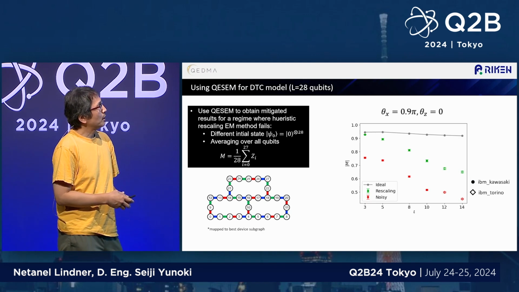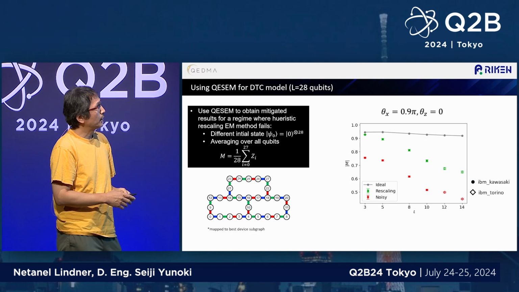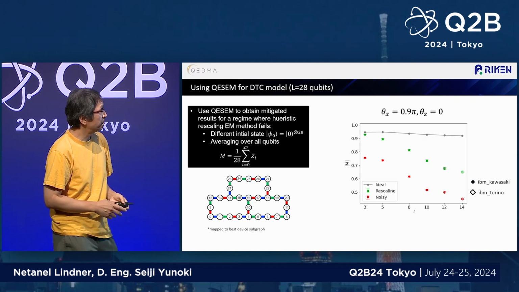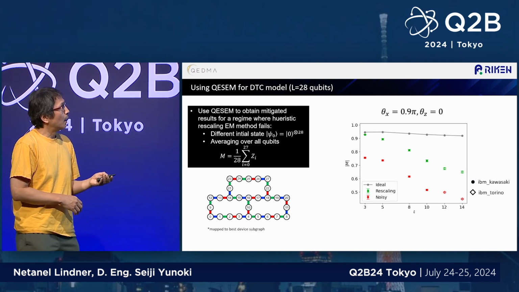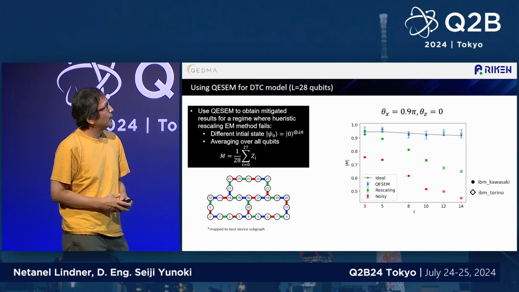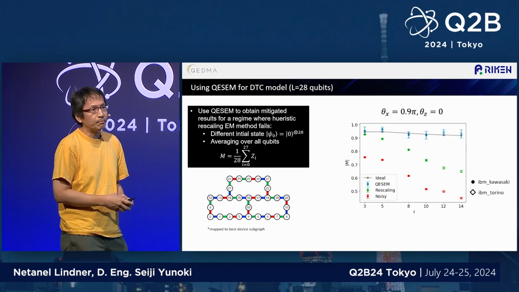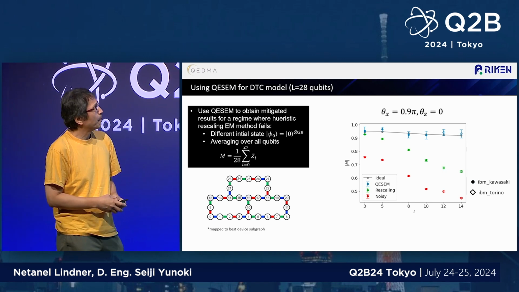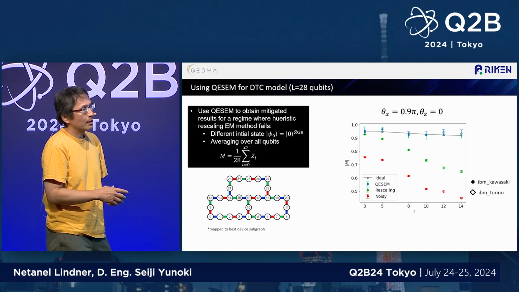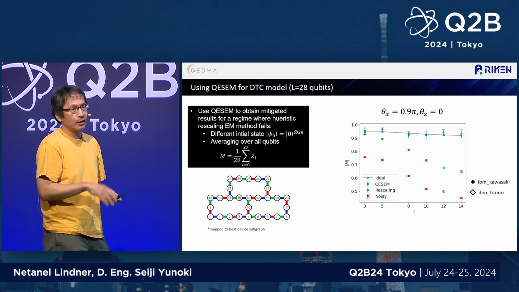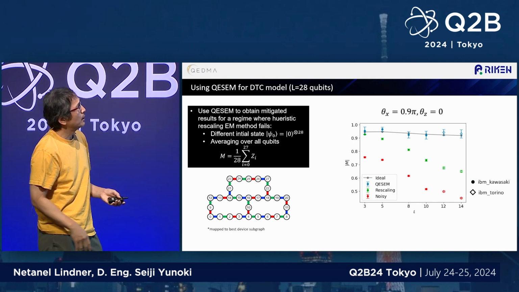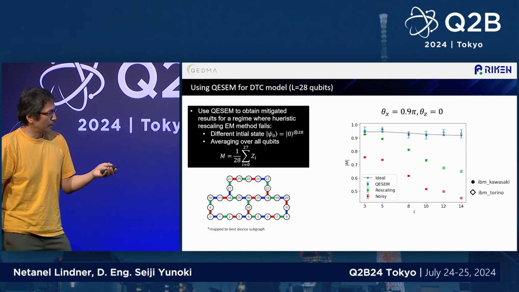Even for time step like 5, they already disagree. However, when we use unbiased error mitigation developed by Qedma, we can successfully reproduce these exact values, which are indicated by gray circles.